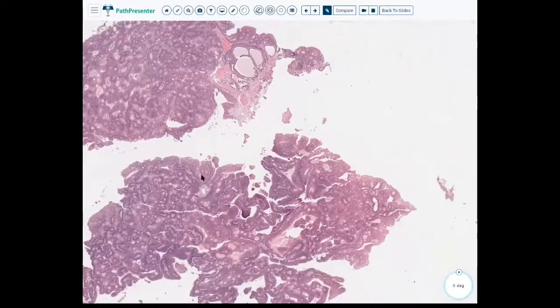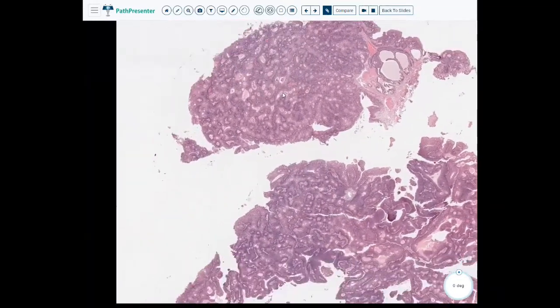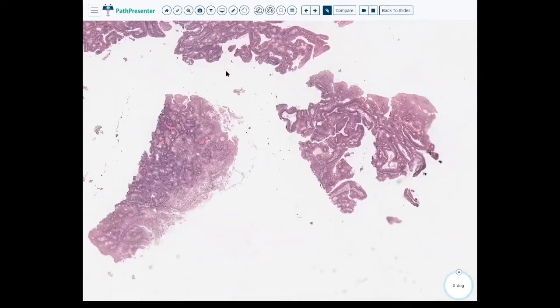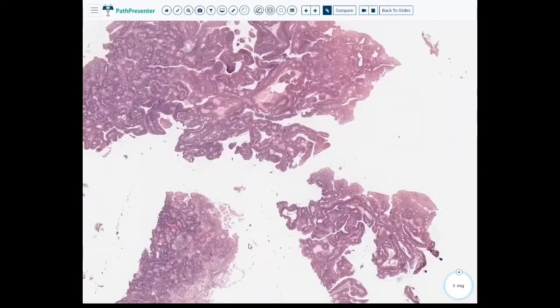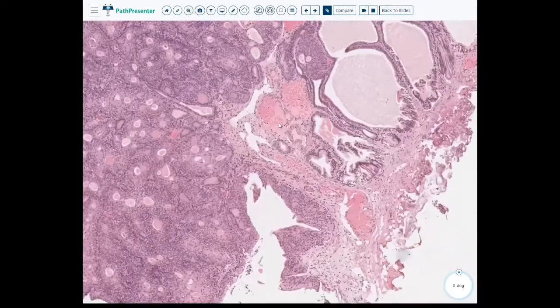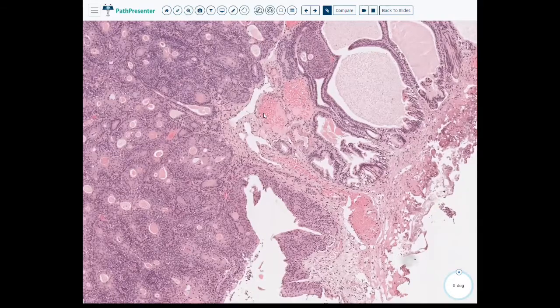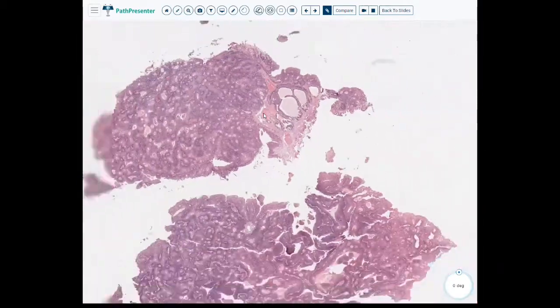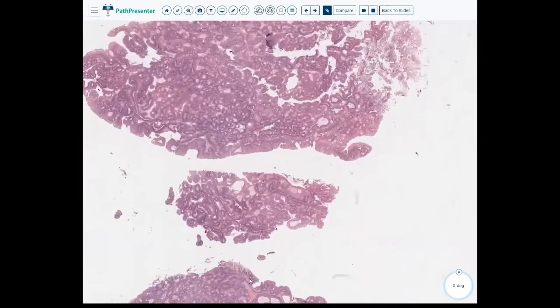The next thing we're looking for is to see, did they give us detrusor? It doesn't look like they did, because this is all blood and serum, even though at low power, you might think maybe that's muscle.